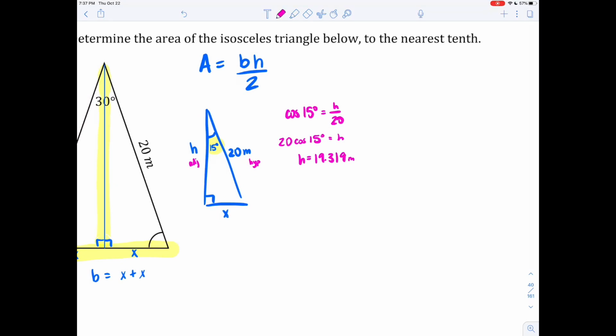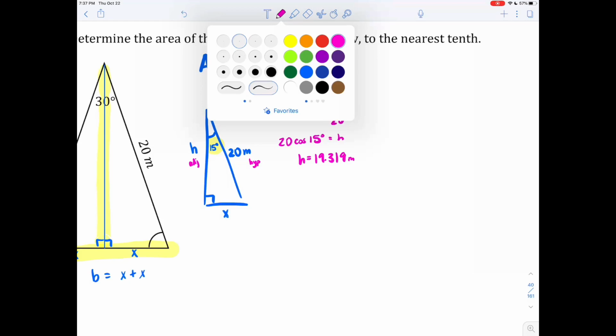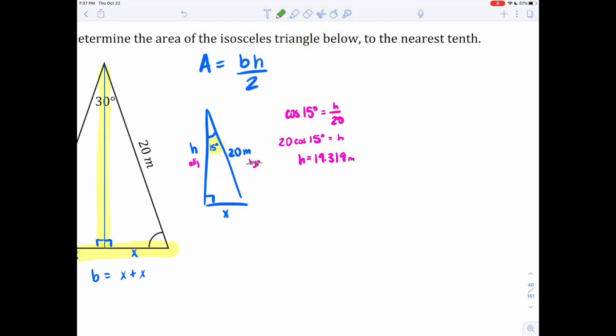I could also go ahead and find my value of x. According again to that same 15 degrees, x would be considered my opposite, where 20 is still considered my hypotenuse. In the case of finding x, I'm going to be using my sine ratio.